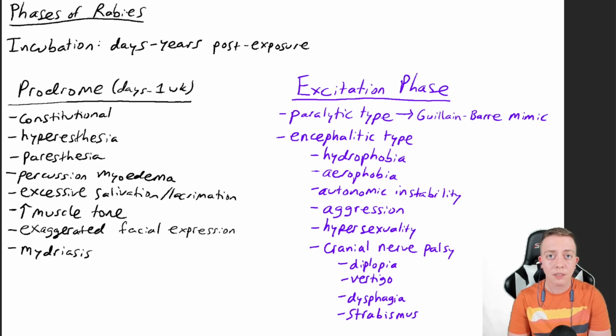And how this happens is you have someone who is trying to drink water, and due to infiltration of the medulla and the control of muscles that help you swallow, the pharyngeal muscles, so the muscles in your throat, are going to spasm, and you can't swallow any of the water.